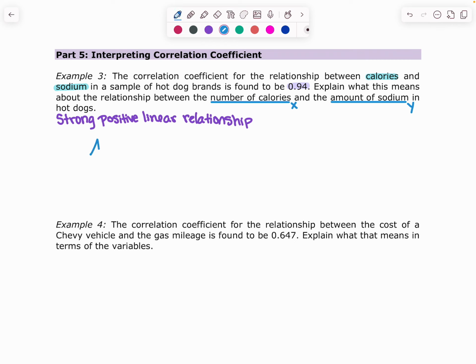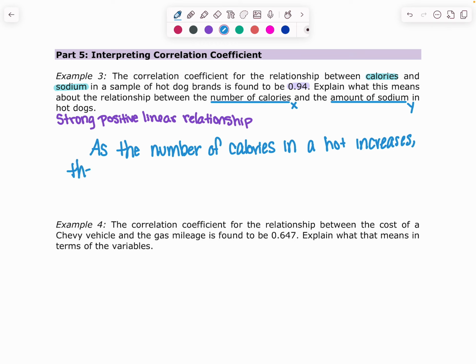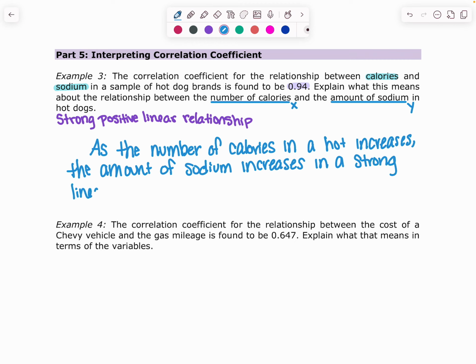So what this is telling me is that as the number of calories in a hot dog increases, the amount of sodium increases because it's positive in a strong linear relationship.